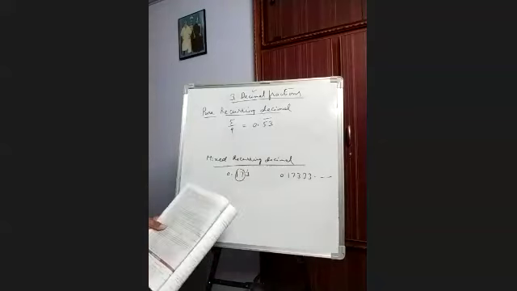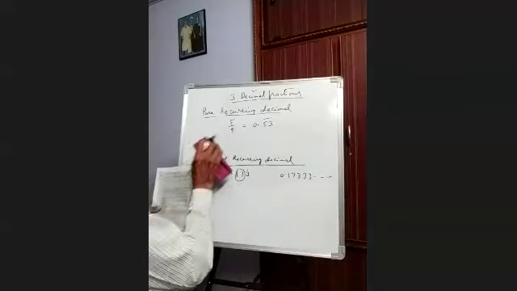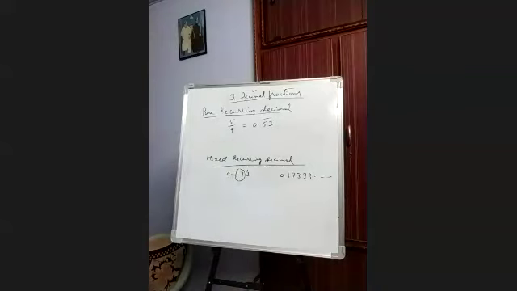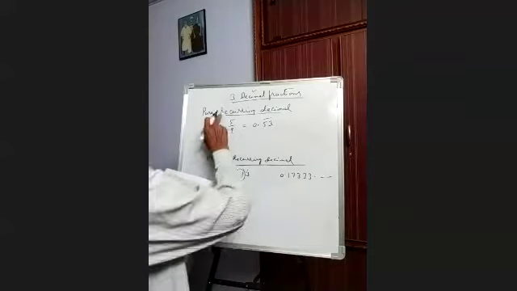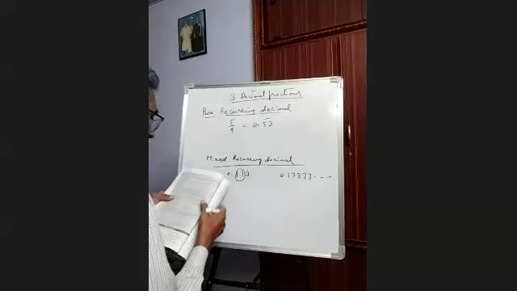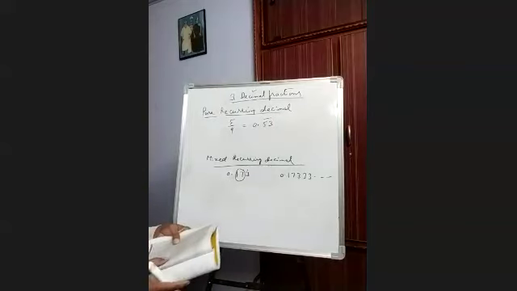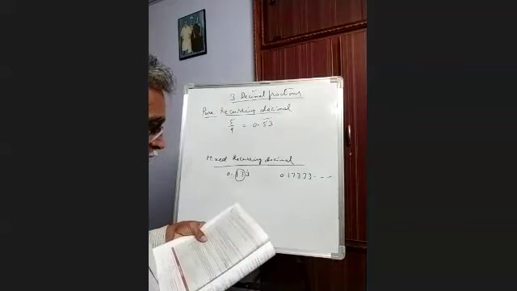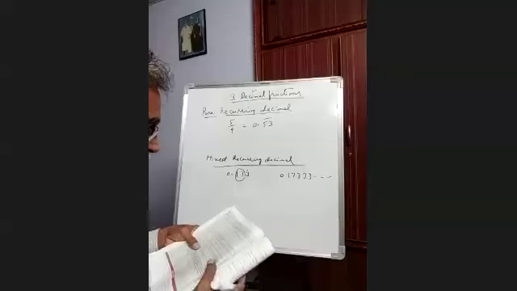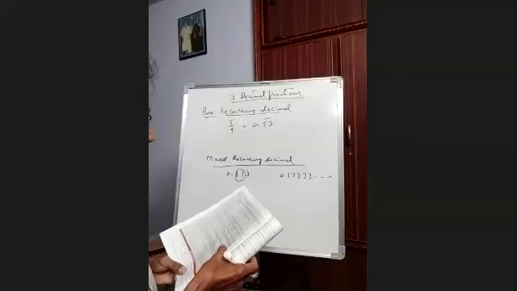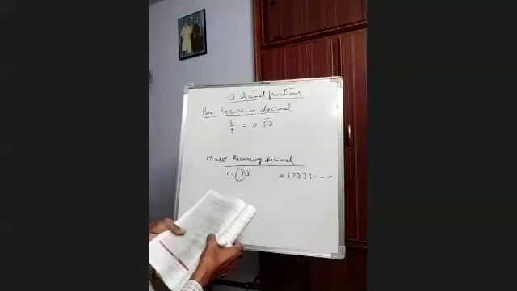Then, conversion of a pure recurring decimal into a fraction, a vulgar fraction, you can say. Write the repeated figures only once.